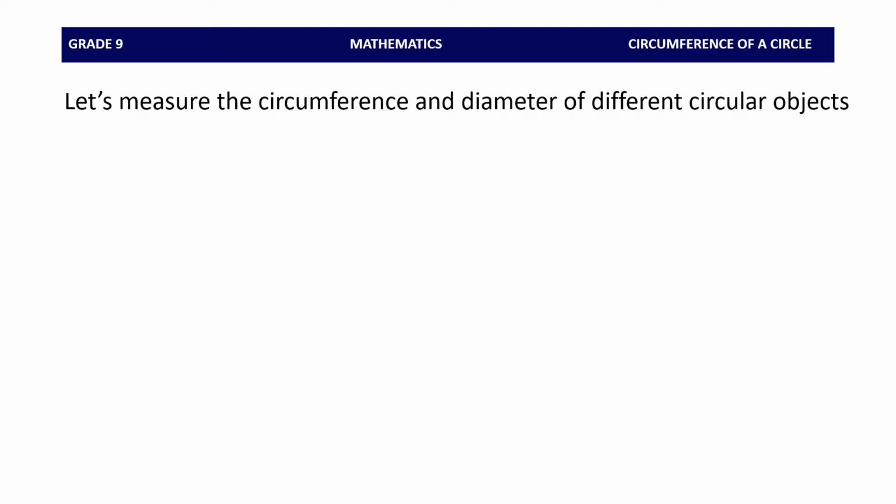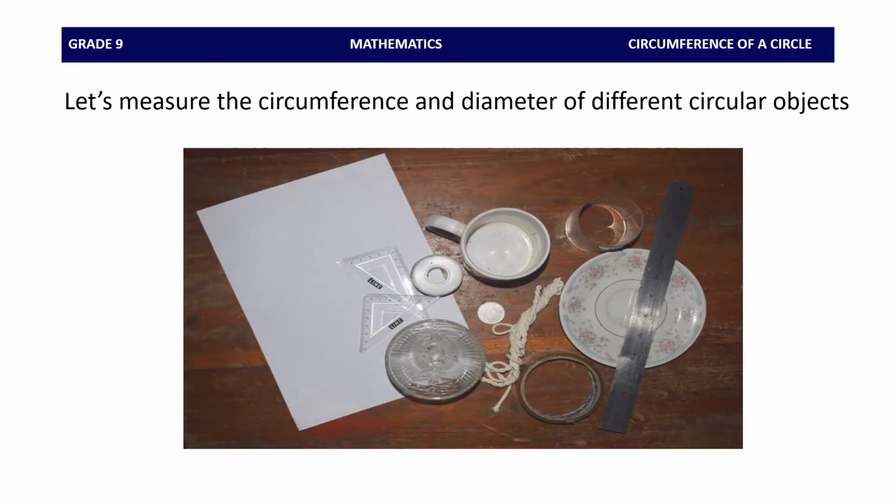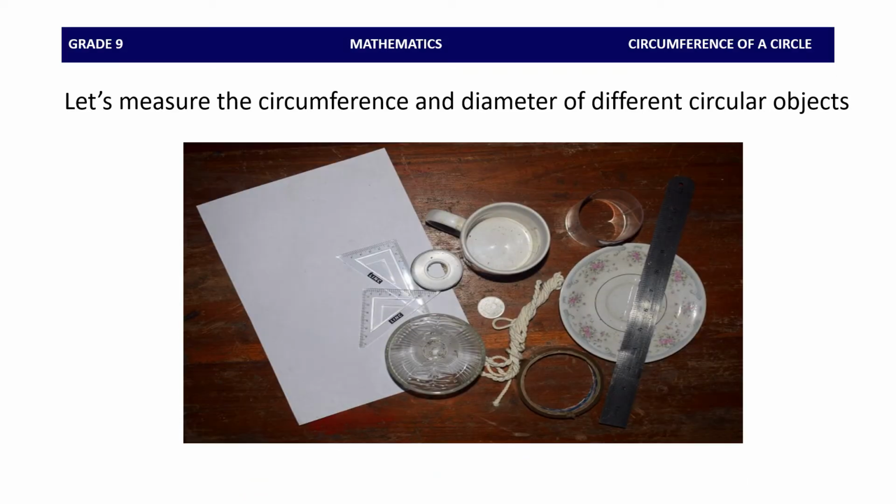Here are some circular objects given to you. You want to measure the circumference and the diameter of the circles using the above methods, and note down the values, and also the value of the circumference divided by diameter should be noted.